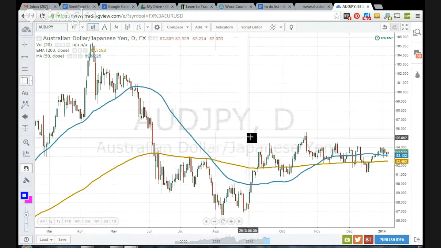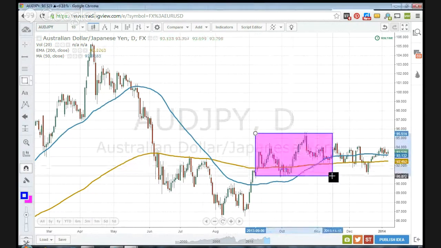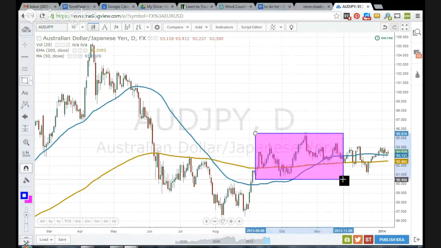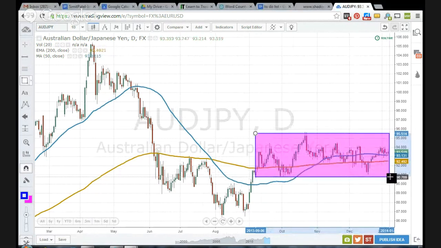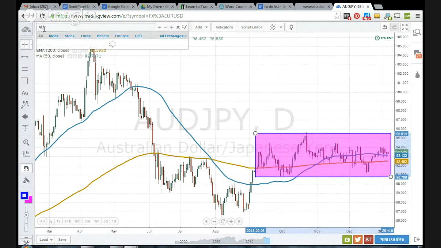Let me try that again. But basically, once it breaks out of this range that you're seeing on the screen in this purple box, then there may be an opportunity that I'm interested in. Until then, I've gotten burned a little bit. It's choppy. It's clearly not a range. So I'll hold off on Aussie yen.